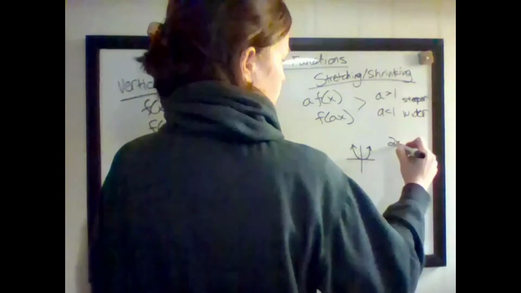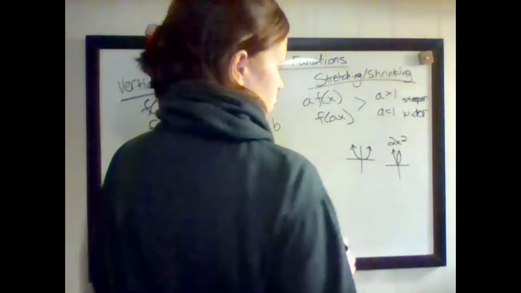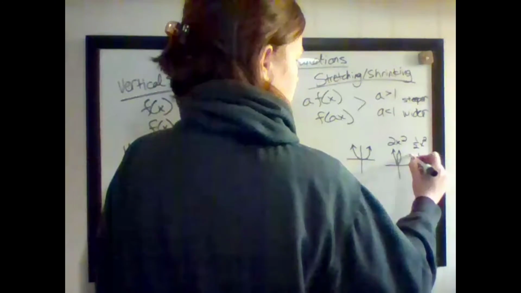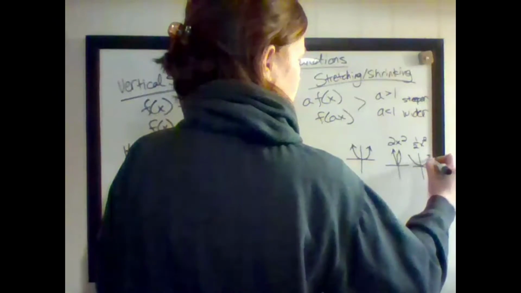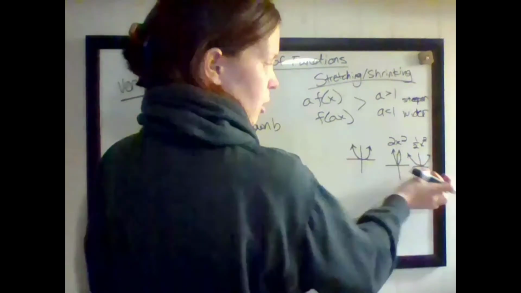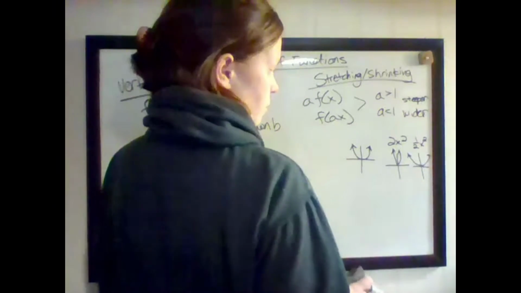If it's something like 2x squared, it's going to jump up quicker. Versus a half x squared, it's going to be wider. So the closer that a gets to 0, it's going to become wider and wider, stretched horizontally.